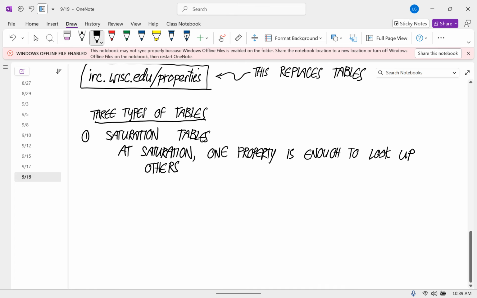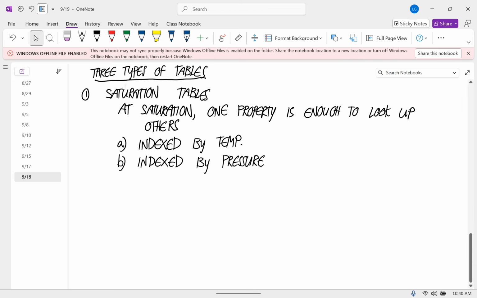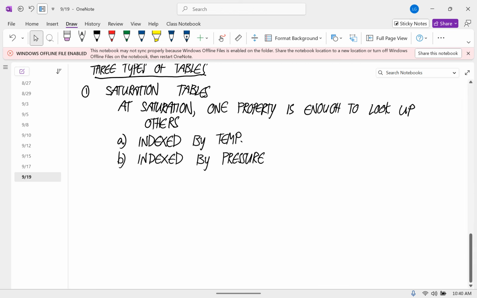The saturation tables come in two varieties. The first one is indexed by temperature, and the second one is indexed by pressure. They could also make ones indexed by specific internal energy, specific entropy, or specific enthalpy, but they don't. They just make these two.